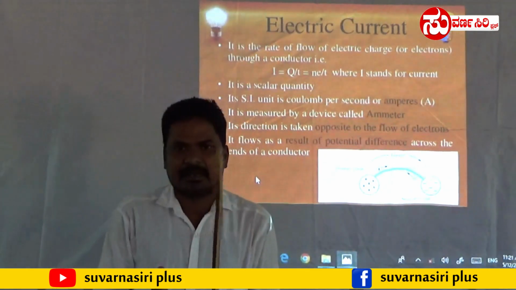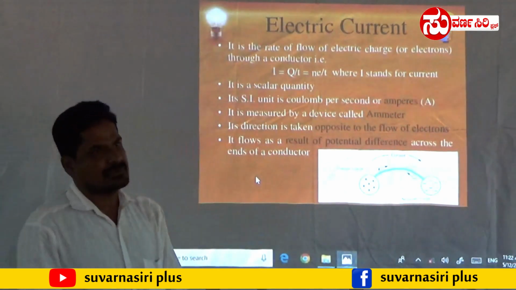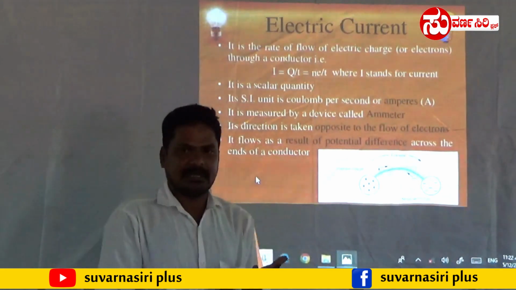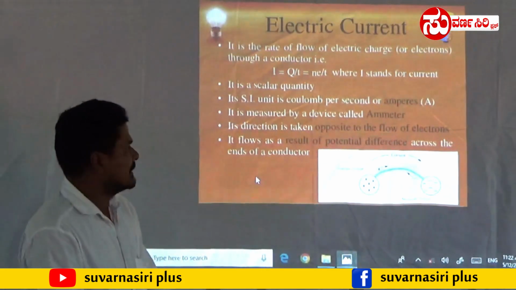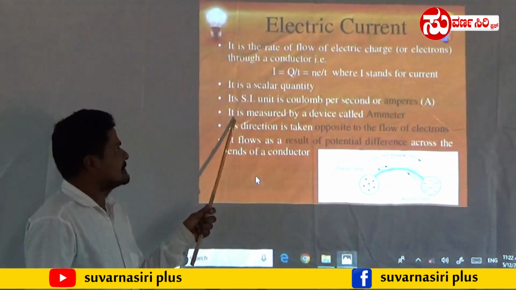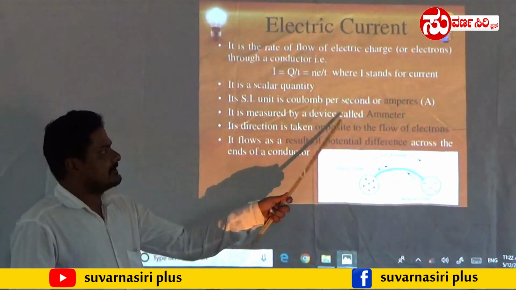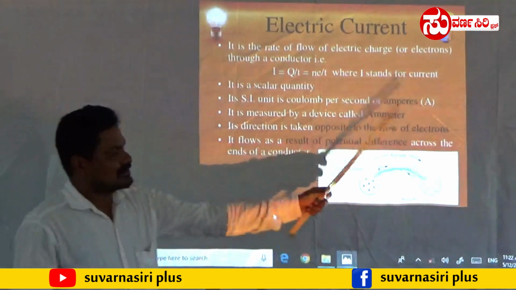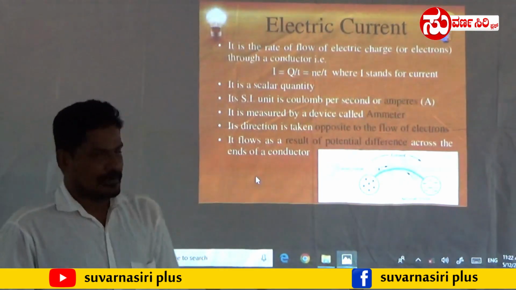What is an ammeter? Ammeter is a device which is used to measure the electric current. Further we can discuss the ammeter and the voltmeter in the next section. Okay, so it is measured by a device called ammeter, and its direction is taken opposite to the flow of electrons.